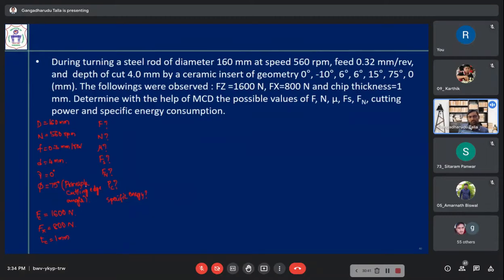So we have to somehow try to draw this merchant circle diagram with the given information. Fc is known, Fx is known.